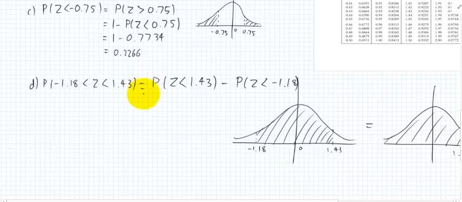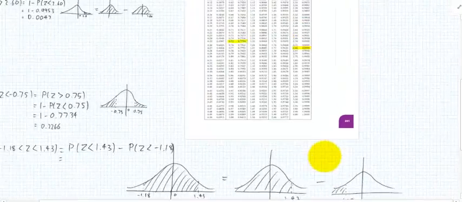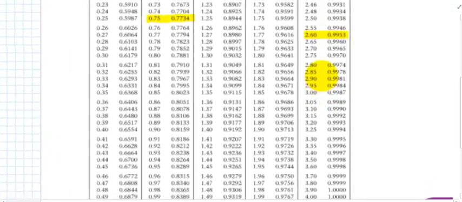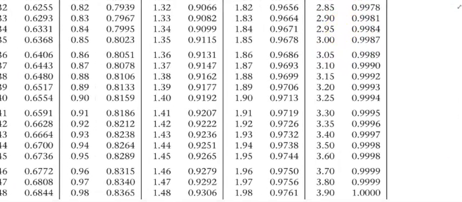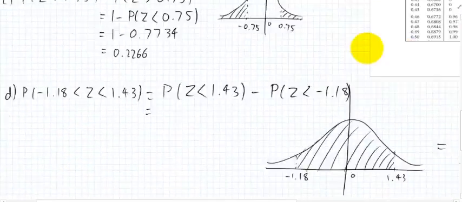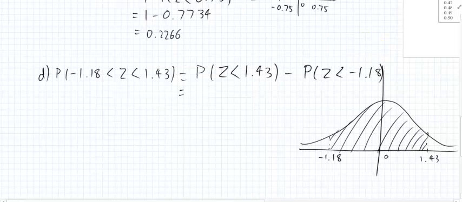Now, the probability of z being less than 1.43 is in a less than positive form, so we can look this up straight away. 1.43 is right here, 0.9236. So we can write right away 0.9236.